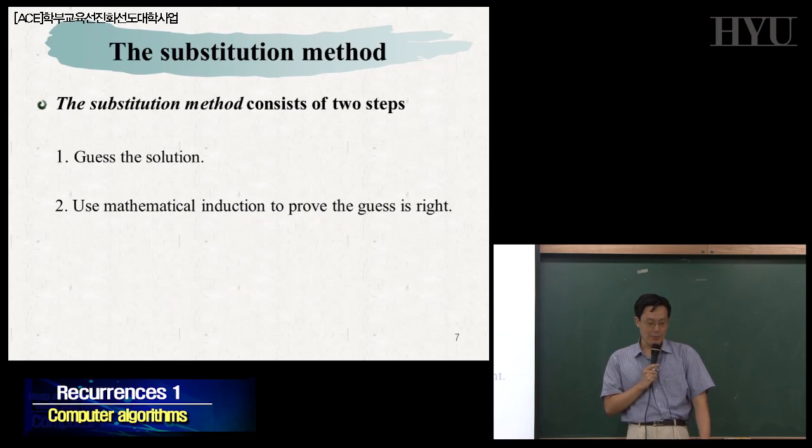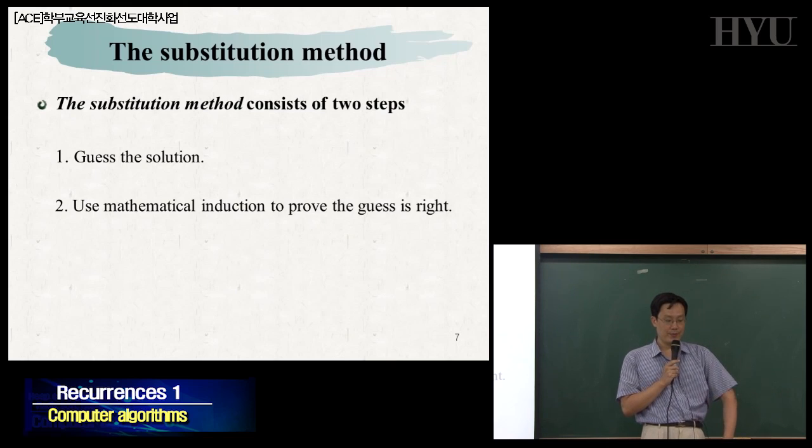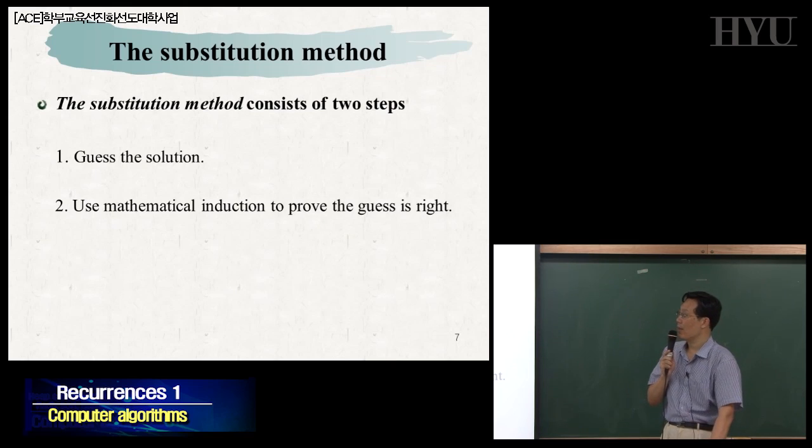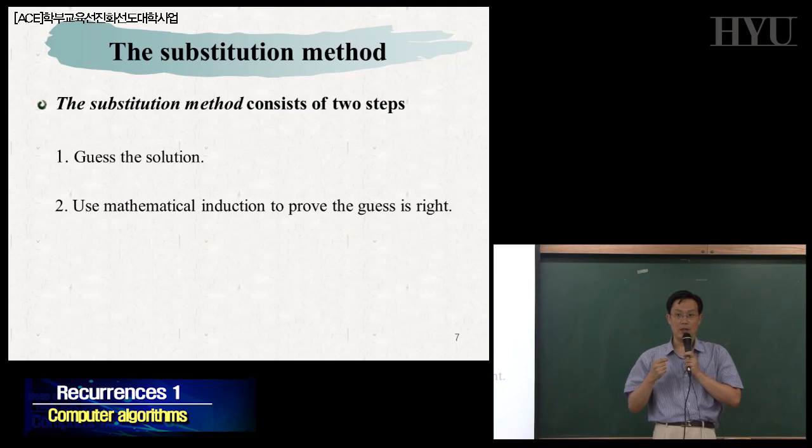Okay, now it's time to explain the substitution method. The substitution method consists of two steps. In the first step, we guess the solution. And then we use mathematical induction to prove the guess is right.